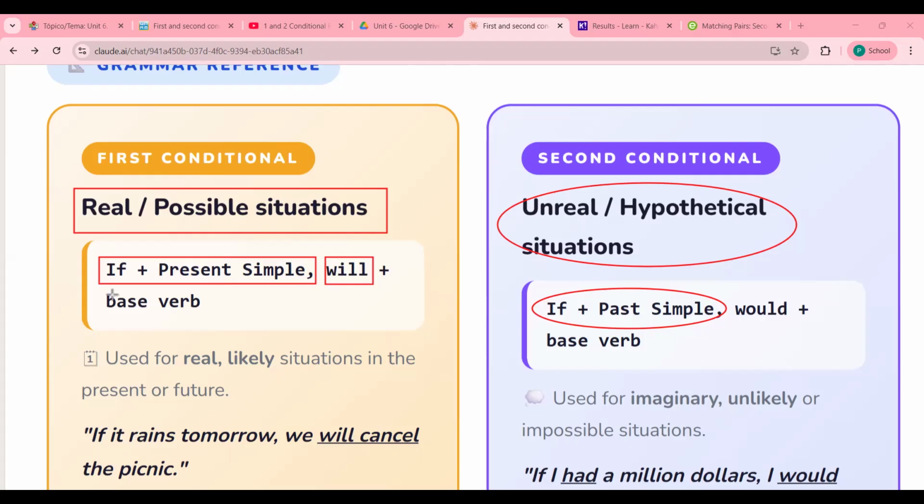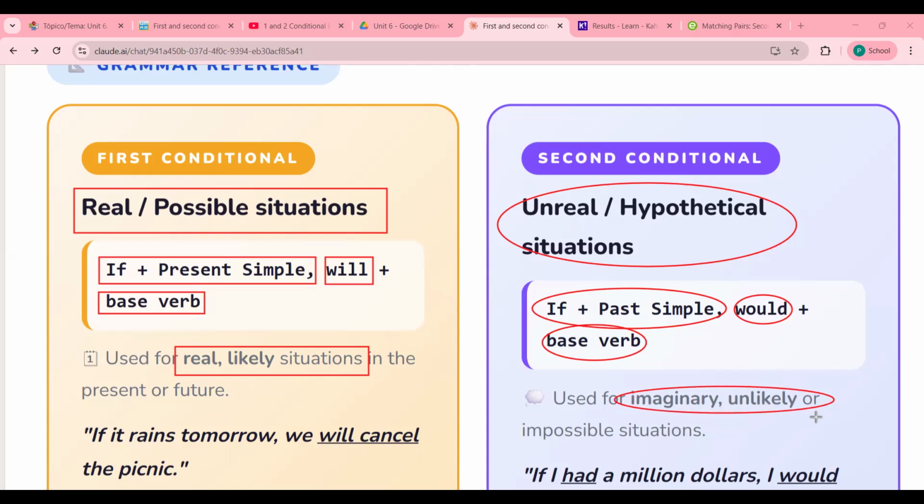Will plus base form, first conditional. Second, it is with would and base form. Real, likely situations. The second, imaginary, unlikely, it is impossible situations.